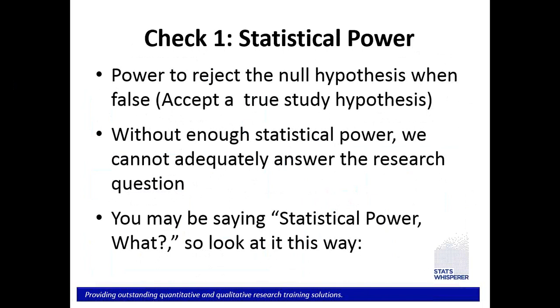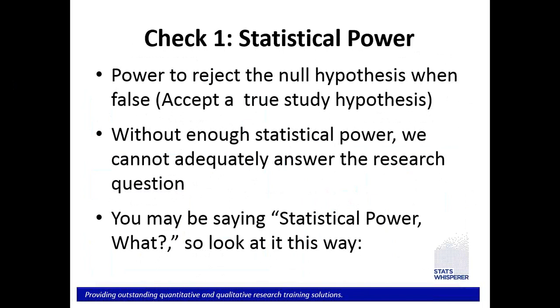In other words, it's our power to detect if there really is a relationship between A and B. The power goes from 0, no power, to 1.0, 100% power to detect that relationship. Without enough statistical power, we can't answer our research question.